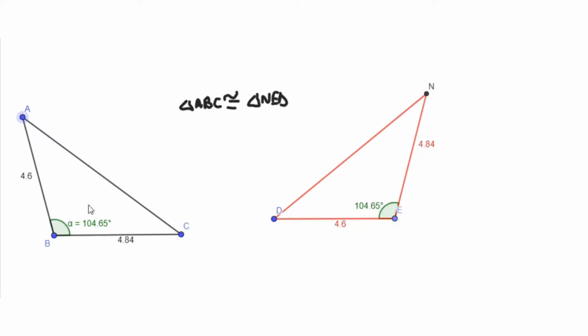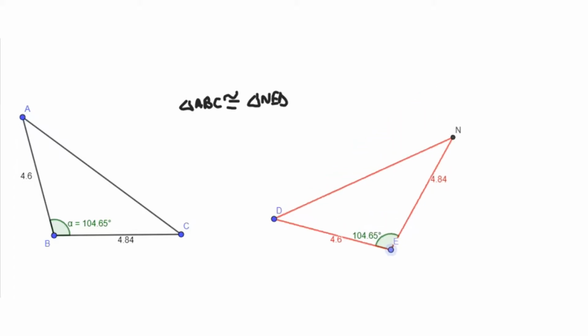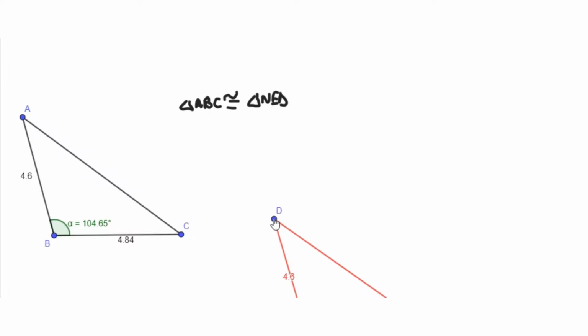So how about this, that the angle included is 104.65 degrees, one side is 4.6 and the other is 4.84. Let's see if this meets our condition. Yes, this also completely superimposes over the other triangle.